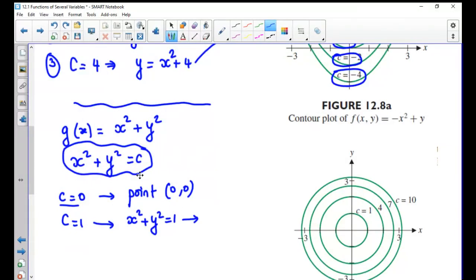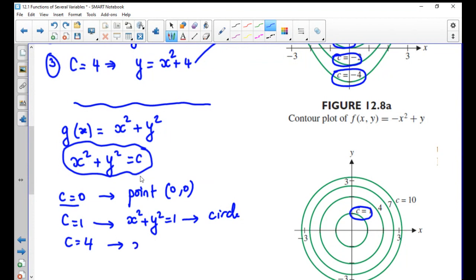which is a circle, yeah? X squared plus y squared equal to 1. It's a circle centered at 0, 0 with the radius of 1. So you can see it here. The curve c equal to 1. You could take c equal 4.